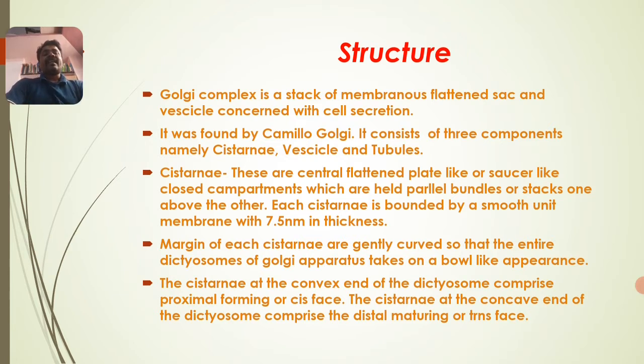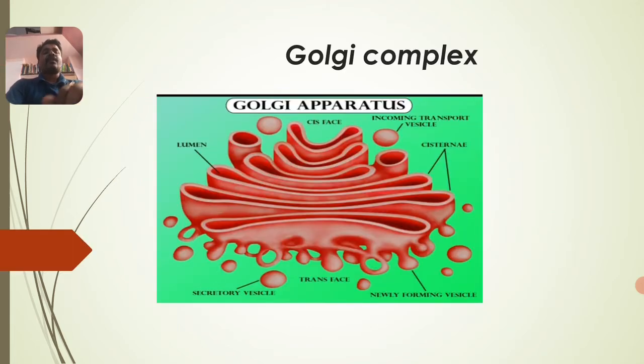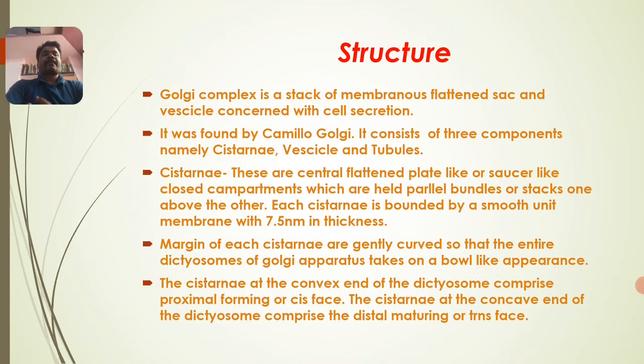The cisternae have a convex end and also a concave end. The bowl-like structure at its posterior part is convex, and the base of that bowl-like structure is concave. The cisternae at the convex end of the dictyosome comprise the proximal forming face, also called the cis face.